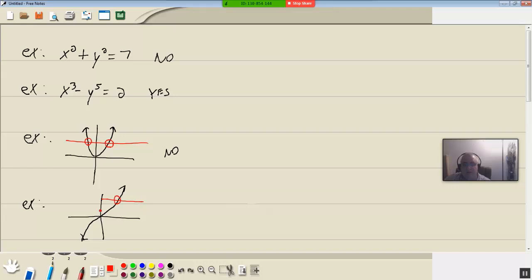Draw a line here, intersects one place, here one place, here one place. No matter where I draw a horizontal line, the most it'll intersect is one place. That means that this is one-to-one. It's also a function. Okay, let me clear that off.